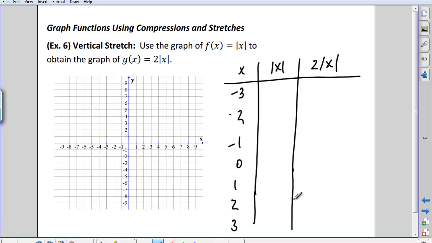Okay, so absolute value of x, in this case, since we're just working with real numbers, it just makes the value positive, right? So this is really easy to fill out. And then the graph is going to look something like this. Remember, that's that V-shaped graph.